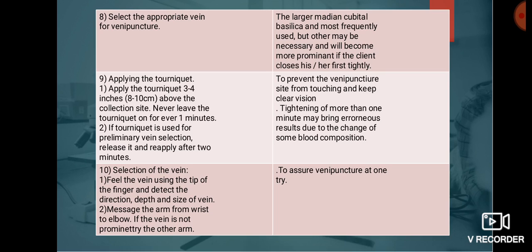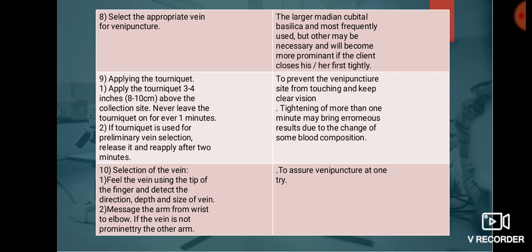The tourniquet is used for preliminary vein selection. Release it and reapply after 2 minutes. Tightening for more than 1 minute may bring erroneous results due to changes in blood composition.